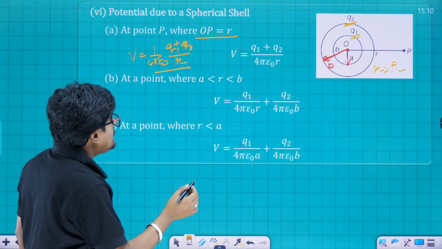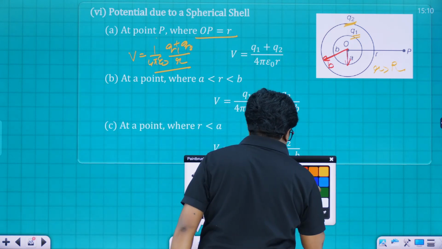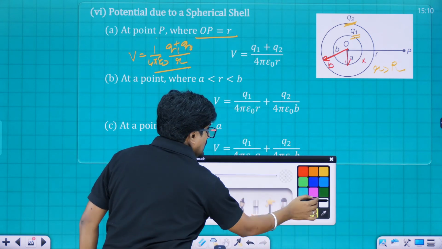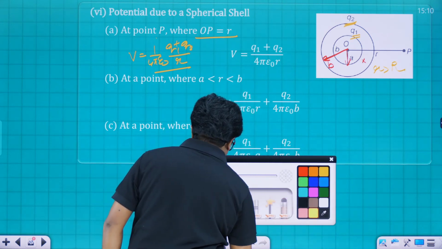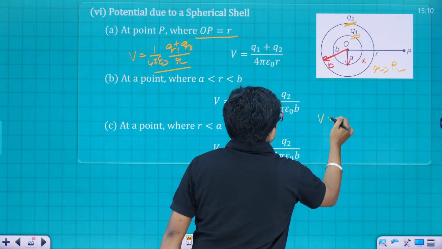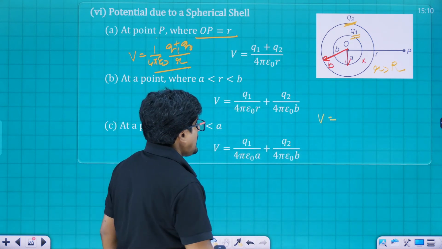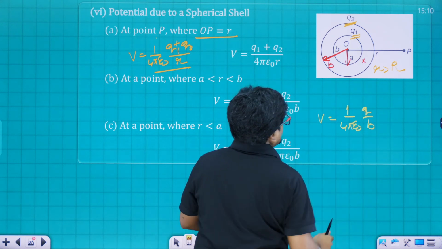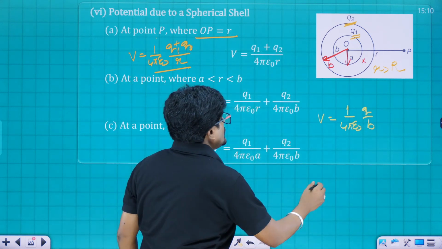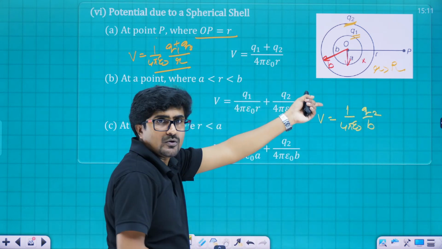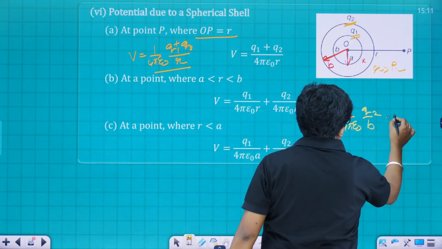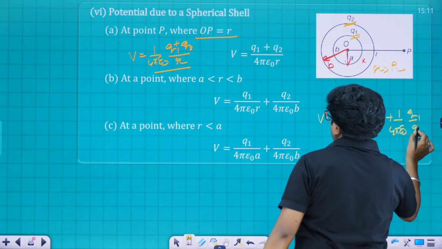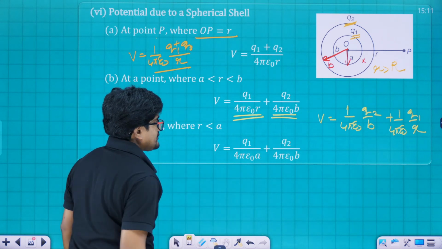And if it is somewhere here, at any point this way, then we will calculate the electric potential as V equals, the point is now inside, 1 divided by 4 pi epsilon naught Q2 divided by B, due to the outer shell, and due to the inner one, 1 divided by 4 pi epsilon naught Q1 divided by small letter r. You can see that here.